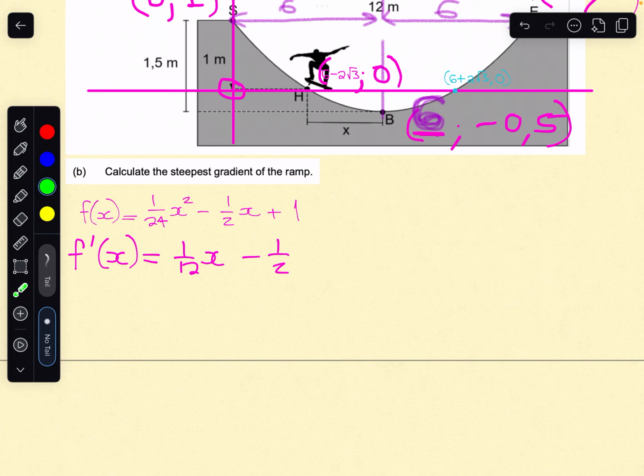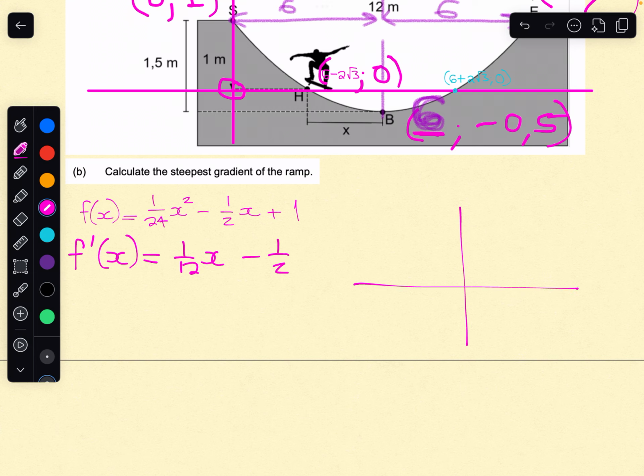Sorry. So this changes from x squared to x. And we want to see where this is at its greatest. So let's have a look.